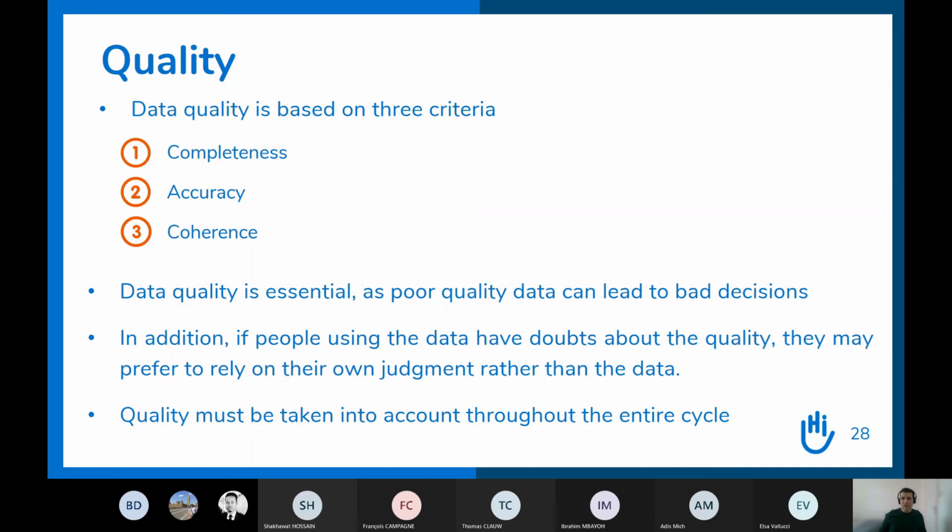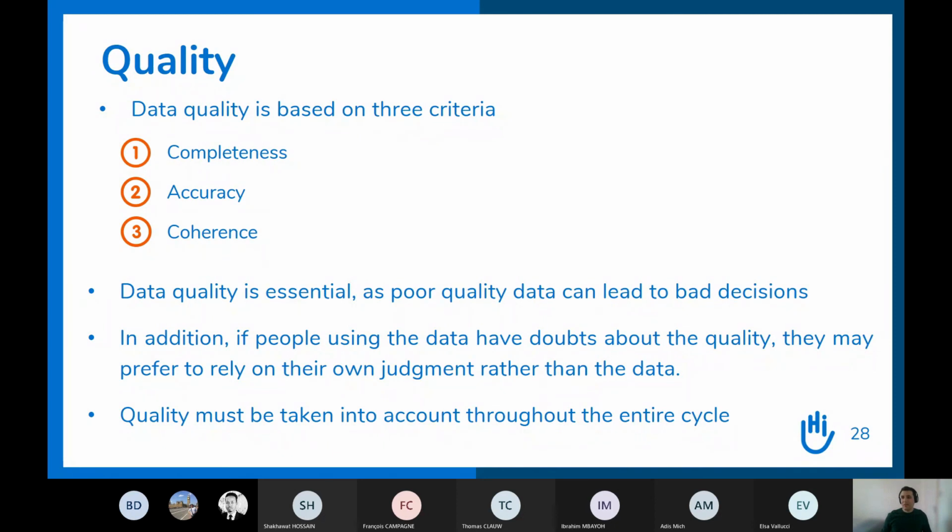Accuracy, be sure that your data is correct, that there are no mistakes in it. And coherence, meaning that you are not going to have data that say different things, that do not go together.